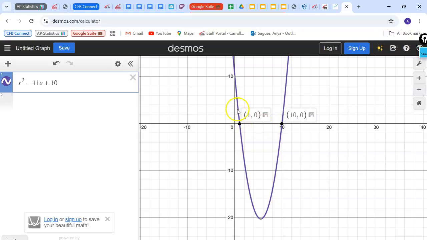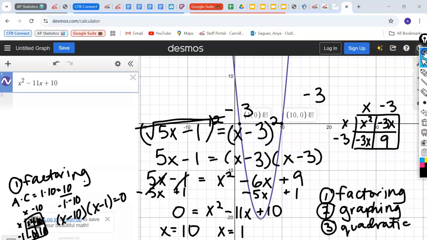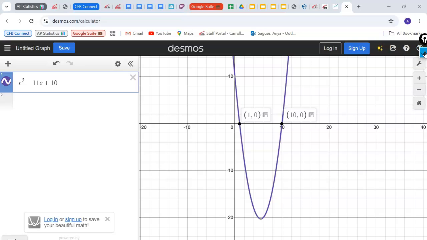So this is also a way to get your solutions. If this is how you find them, then please, on your paper, sketch a picture of this graph pointing at the x-intercepts, like this is where I got them from. If you just say, I plugged it into Desmos to get these, I'm gonna riot. You're not gonna get those points.